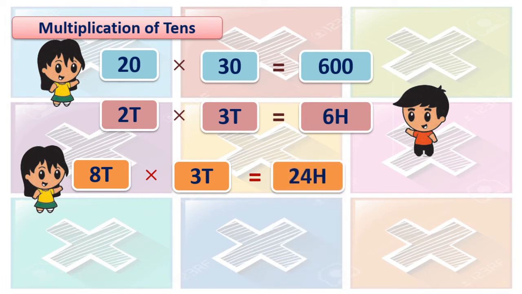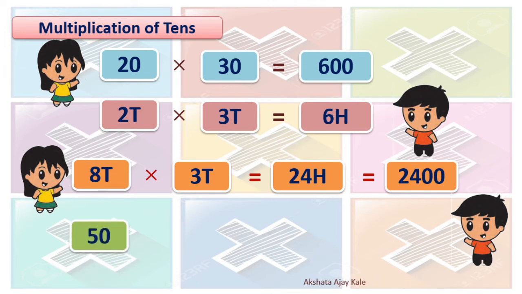Right, very nice. 24h is nothing but we write 24 first and h means 2 zeros. Correct? So 2400. Very good. Nice answer. Now Monu's turn. 50 multiplied by 40. How much? Yes, 5 fours are 20 and 2 more zeros. Correct.